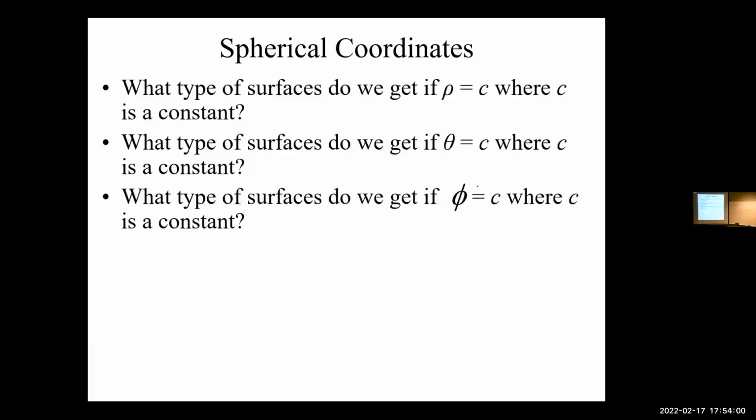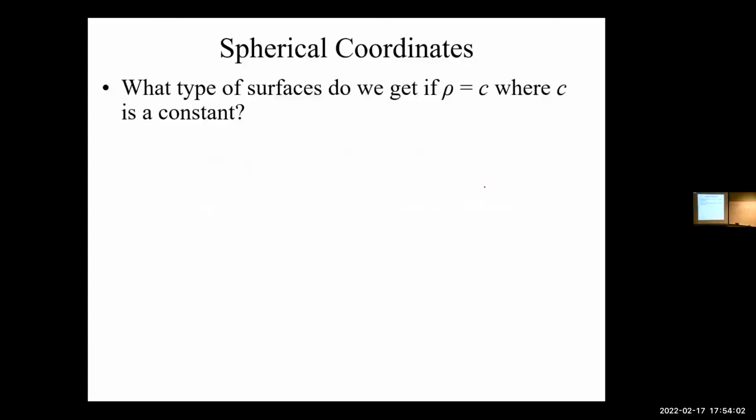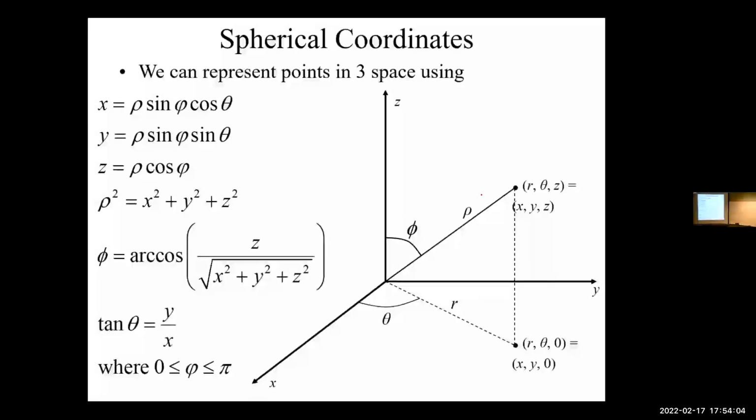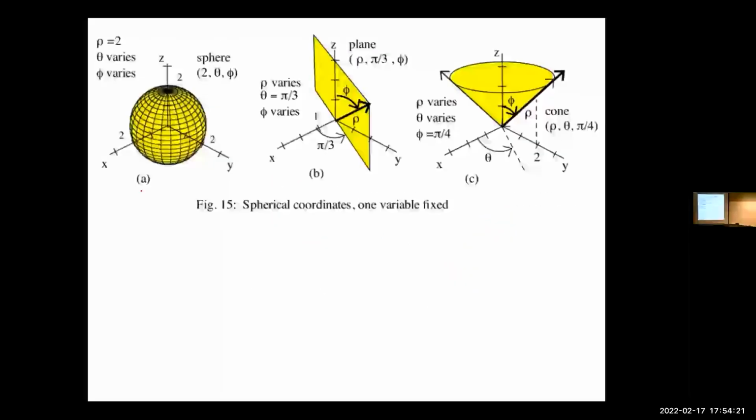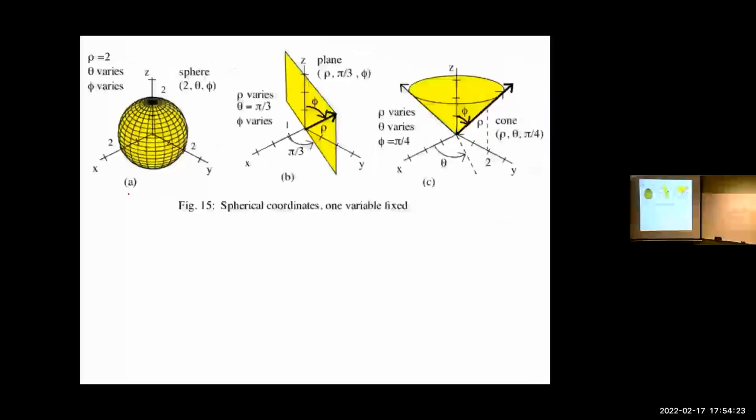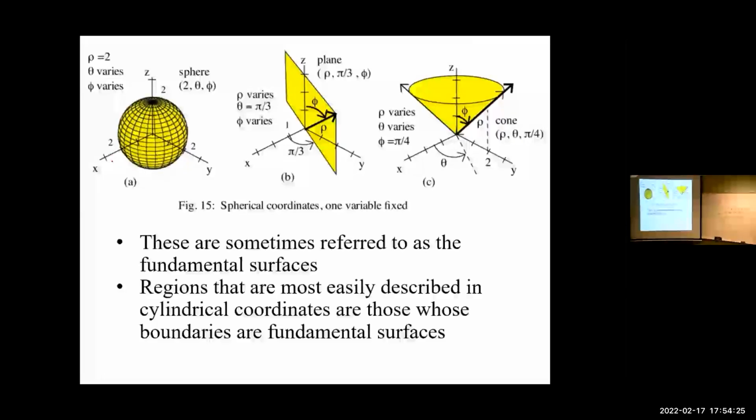Now, what if phi is a constant? Phi is this angle right here. That's a constant. And then theta is going to spin this thing around to get a cone, with its point at the origin. So those are our fundamental surfaces for spherical. And again, we will use these more later. Right now, what we're doing is just kind of going back and forth.